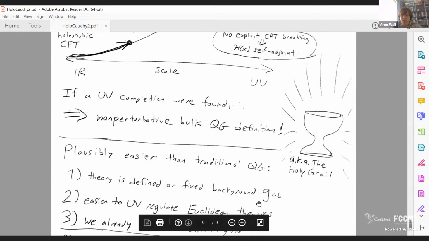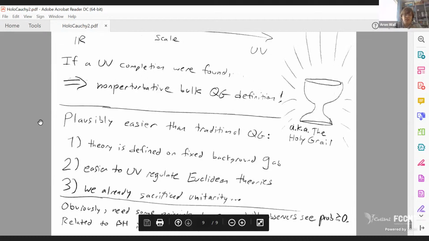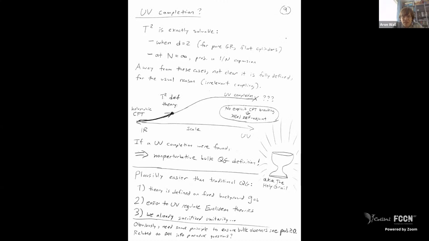Of course, at the end of the day, there has to be some reason why bulk observers will only see positive probabilities.